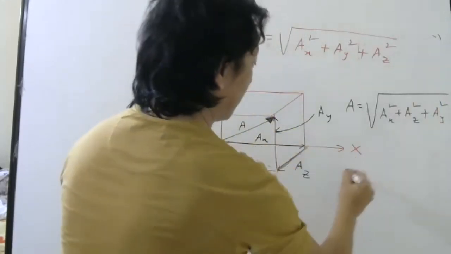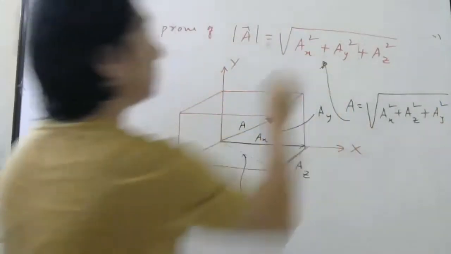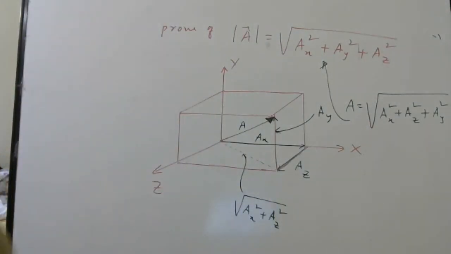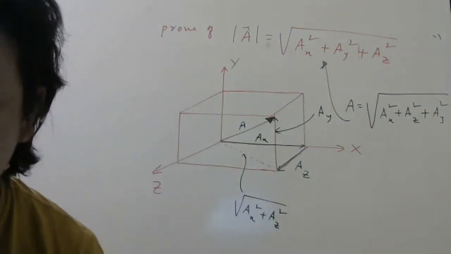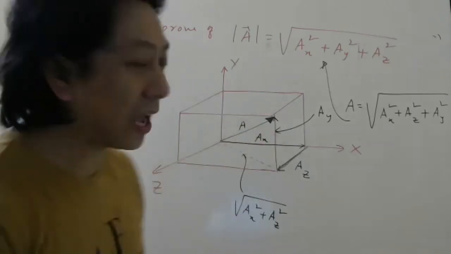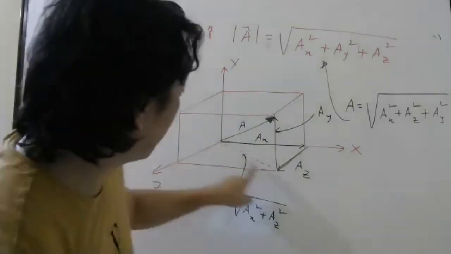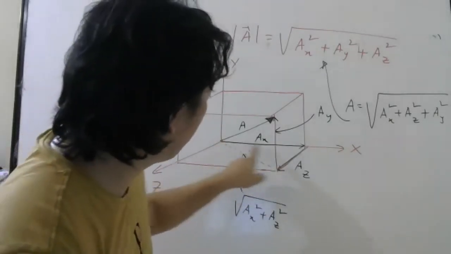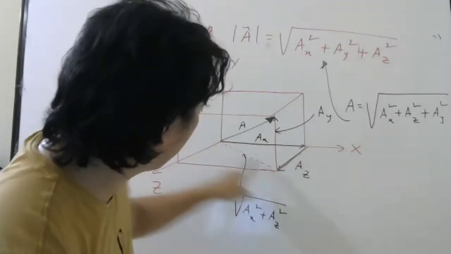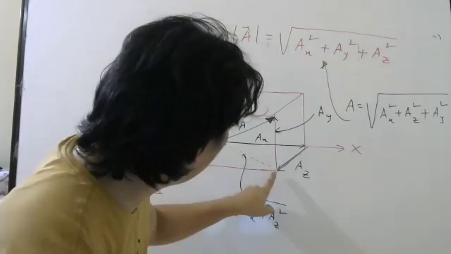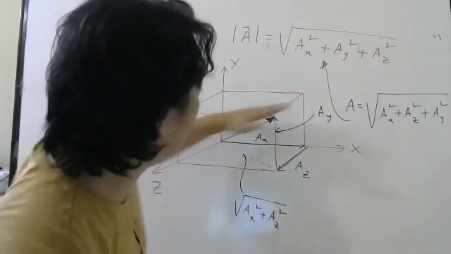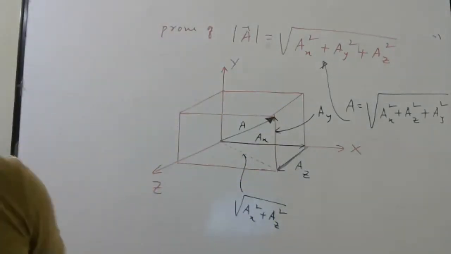Then if you rearrange, it will be same as this. Correct? All of you understood this? We can apply the diagonal of cuboid formula also. This vector plus this vector plus this vector is this vector, and then this vector plus this vector is this vector. So we'll stop for today.